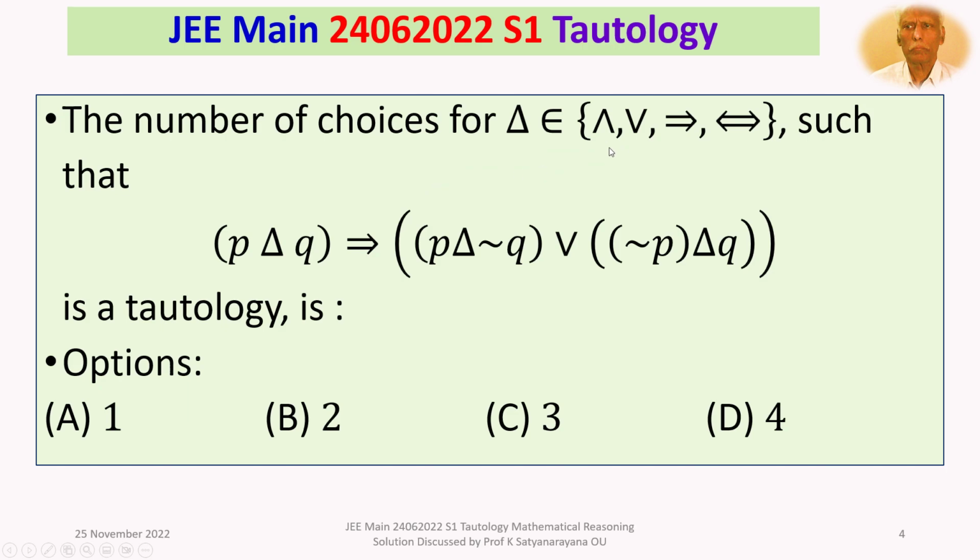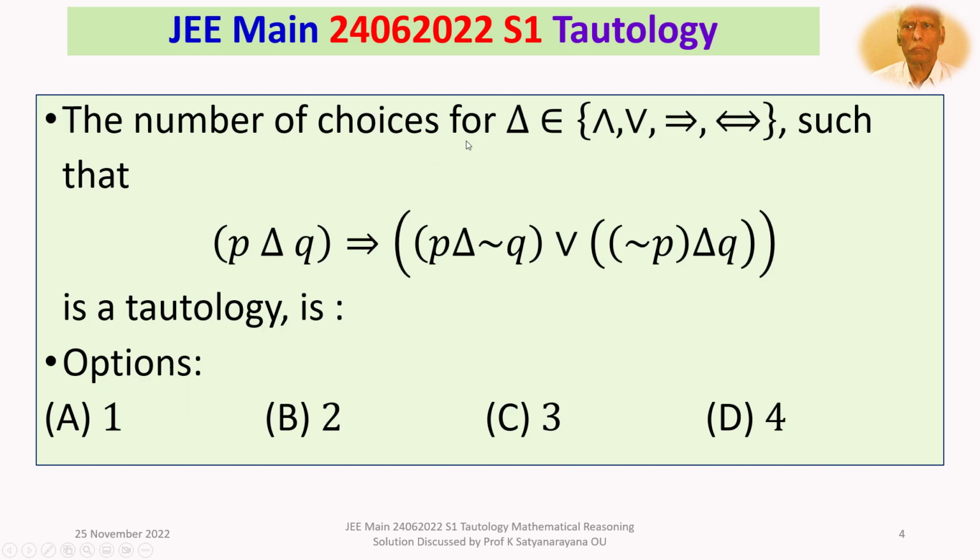So we have the 4 logical connectives here, and delta belongs to this set, and a compound statement like this is given where delta is there. And for what delta is this going to be a tautology?